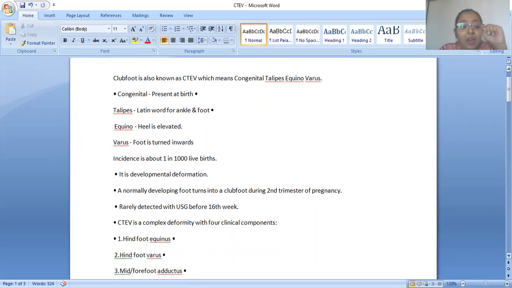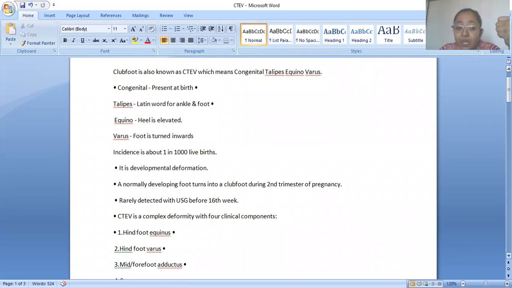The presentations involve the forefoot, midfoot and hindfoot. If we divide the foot into 3 portions, then the forefoot is the toes portion and the heads of the metatarsals. Then the midfoot is the tarsals, the cuboid and other tarsals, and the bodies of the metatarsals.